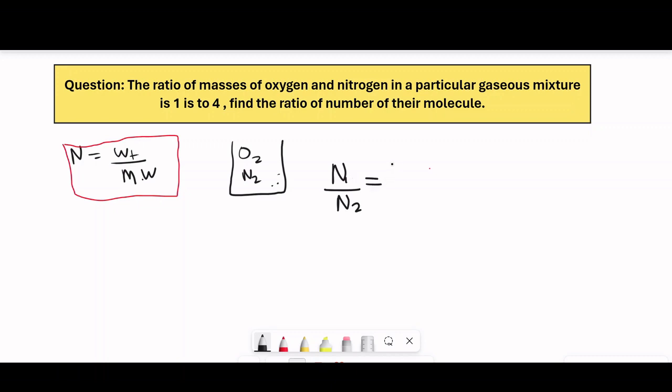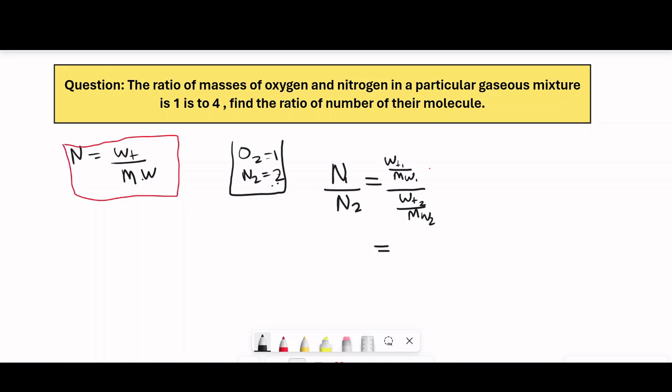Now let's put, for the moles of oxygen, what is this going to be? Let's say this is weight 1 divided by molecular weight 1, and 1 refers to the oxygen, divided by weight 2 divided by molecular weight 2.